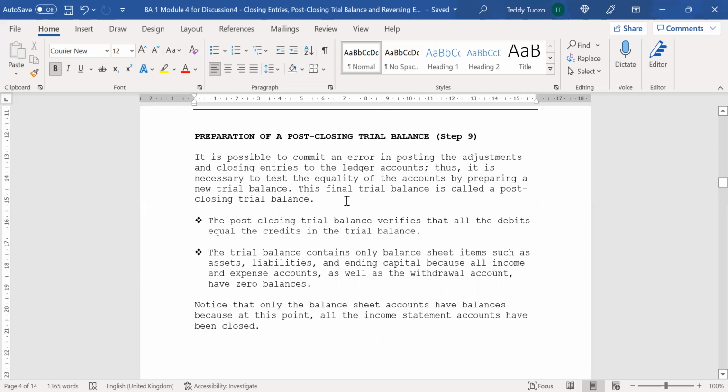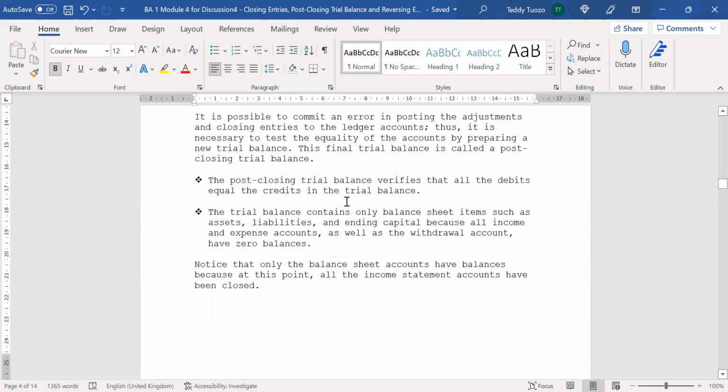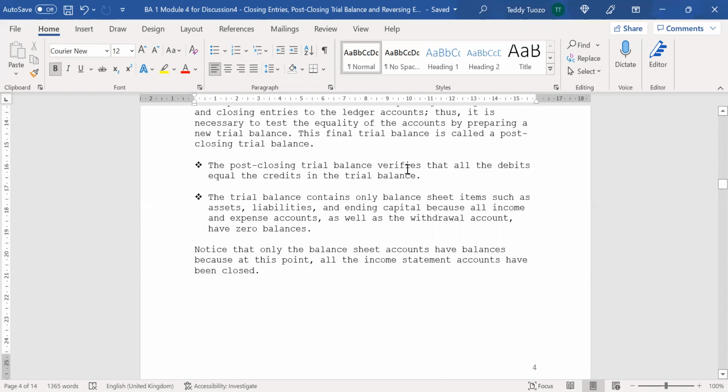It is possible to commit an error in posting the adjustments or closing entries to the ledger accounts. Thus, it is necessary to test the quality of the accounts by preparing a new trial balance. This final trial balance is called a post-closing trial balance. It verifies that all the debits equal the credits.